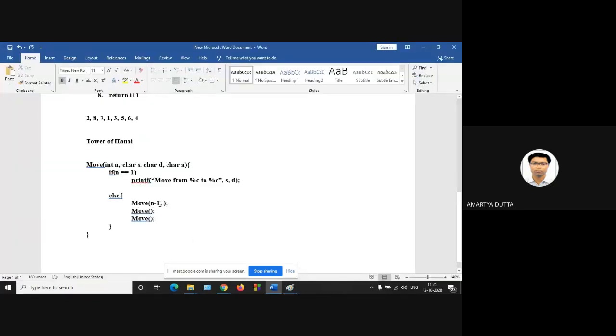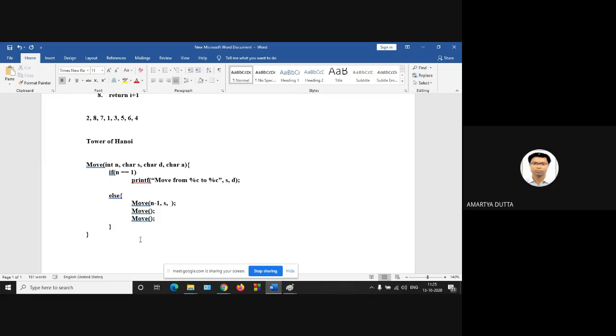So what is the first move? Move n minus 1, then source. And the second argument is the character destination. So what will be the third argument here in the first recursive call?